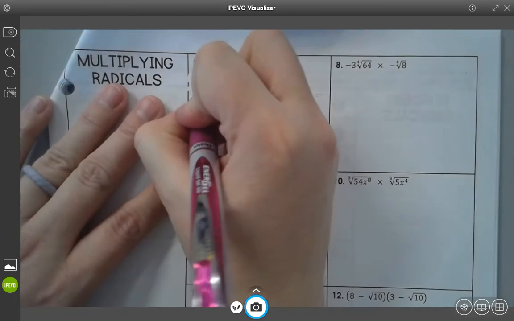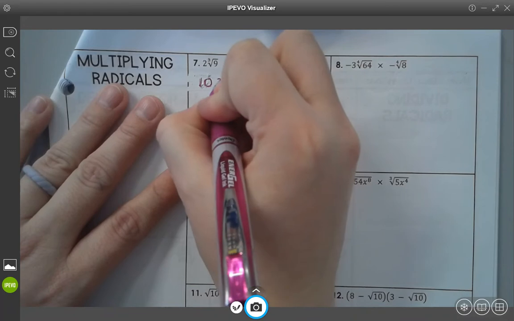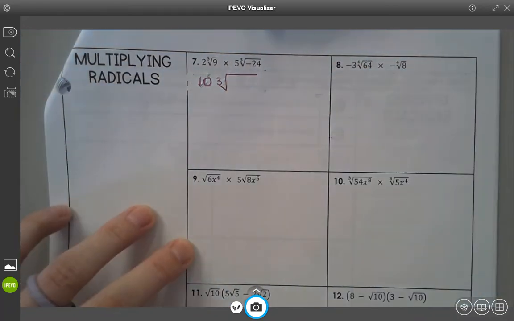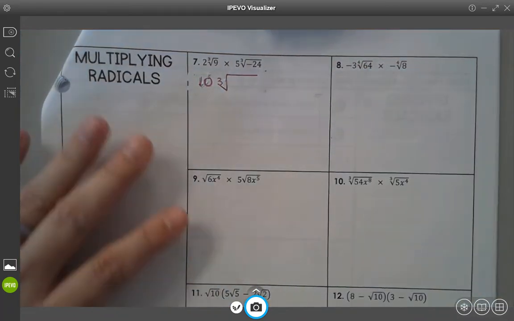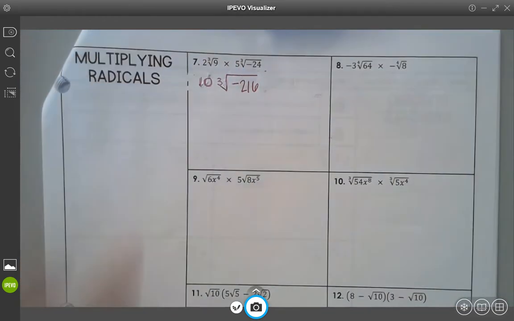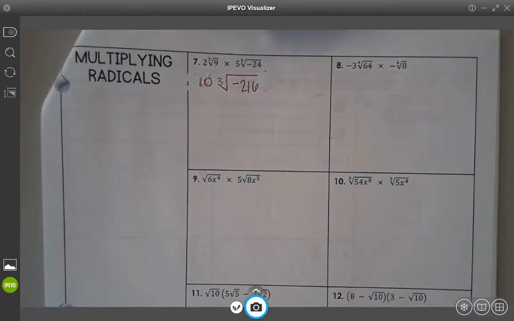So we would have 10 cube root of, what's 9 times negative 24? Negative 216. Know anything about 216?